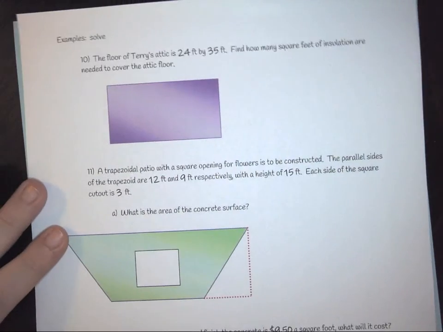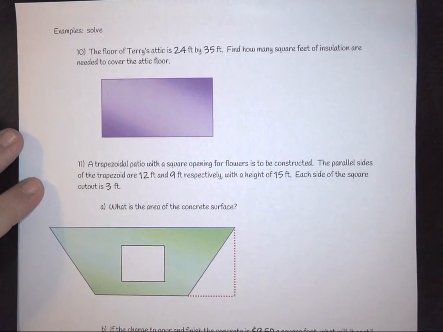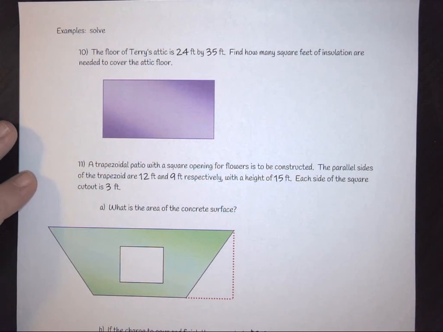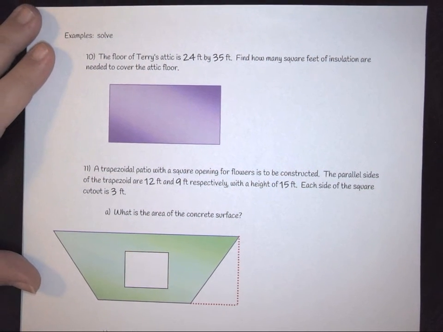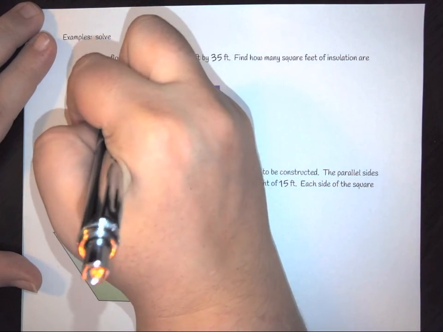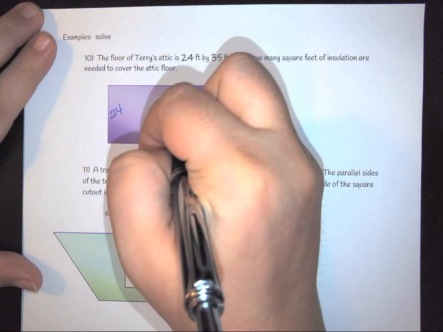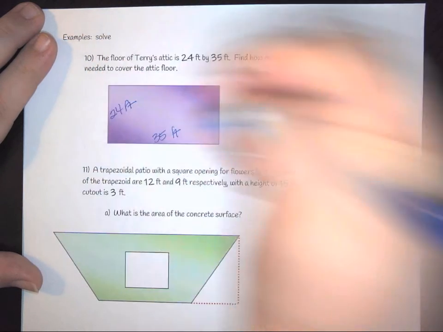Alright, so last, let's go ahead and put this together in terms of an application problem. Here we're told that the floor in Terry's attic is 24 by 35 feet. How many square feet of insulation is needed to cover it? So this is the same as thinking that we have 24 by 35 in the rectangle.